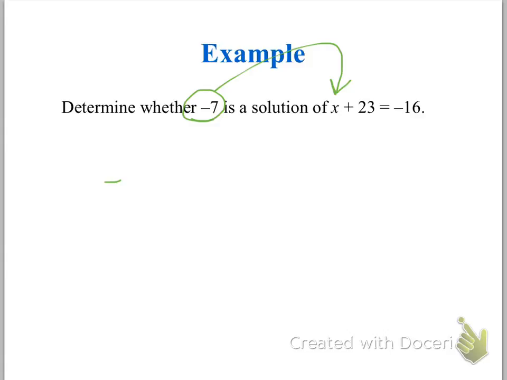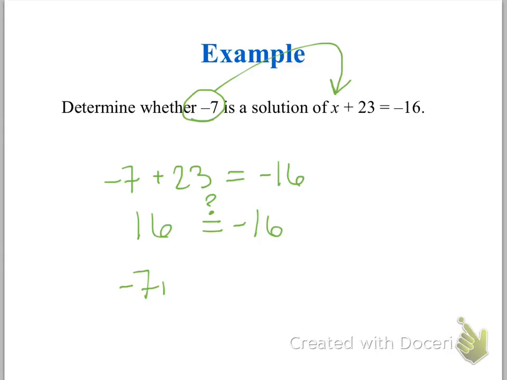Instead of x, I'm going to put in negative 7 plus 23 equals negative 16. I need to simplify both sides of the equation to determine if it's true. So negative 7 plus 23 gives me 16. Is that equal to negative 16? No, it is not. Negative 7 is not a solution.